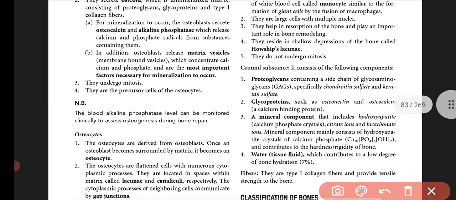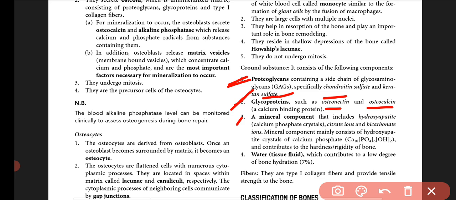One is proteoglycans, some containing side chains of glycosaminoglycans or GAGs, especially chondroitin sulfate and keratan sulfate. Next one is glycoprotein, such as osteonectin and osteocalcin. And the third one is the mineral component that includes the calcium phosphate crystals, citrate ion and bicarbonate ion.